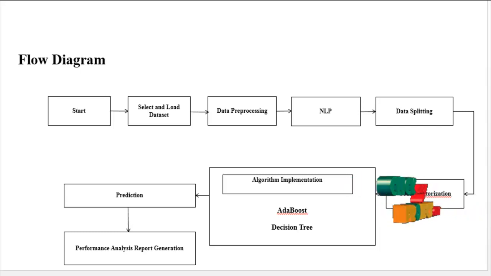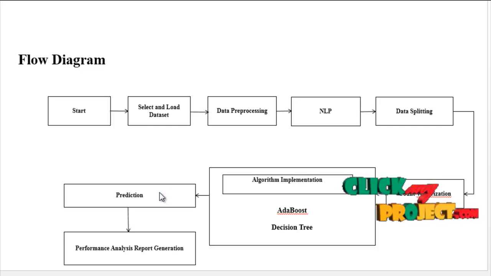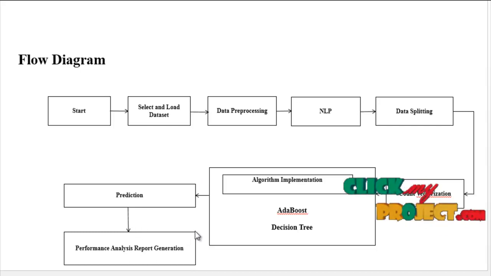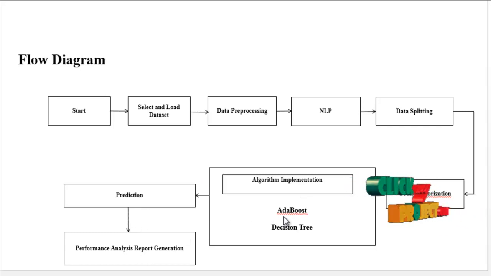Next, algorithm implementation: AdaBoost classifier algorithm and then decision tree classifier algorithm. Prediction and then accuracy prediction. Next, result generation. Find accuracy, F1 score, precision and recall, for the AdaBoost classifier algorithm and decision tree classifier algorithm.